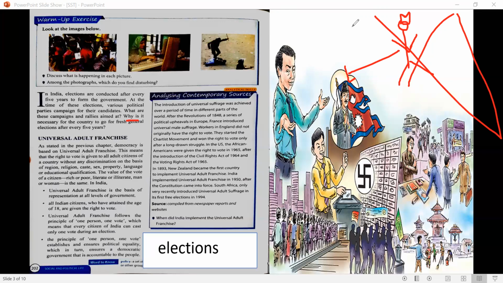The citizens of that country cannot change the king or the queen or the son of a ruler. So what I am trying to tell is why it is necessary to conduct elections every 5 years. Why are they conducted?